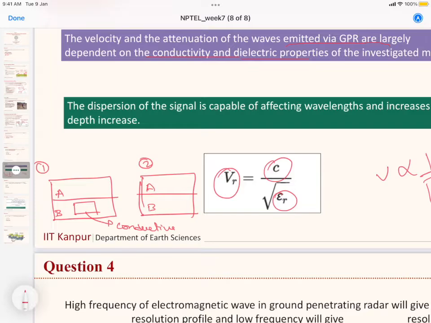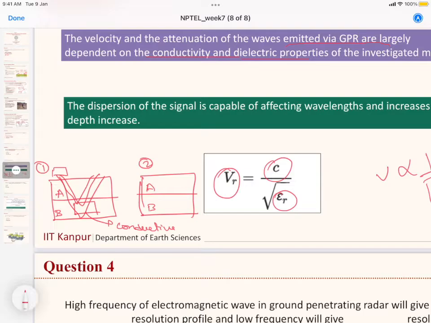Now if we apply the GPR, or we send the electromagnetic wave, suppose this is the transmitter, it sends the electromagnetic waves, some will come here, some will come here, some kind of reflection phenomenon will happen. Now in the first case, the depth of penetration would be lesser as compared to the depth of penetration in scenario 2.